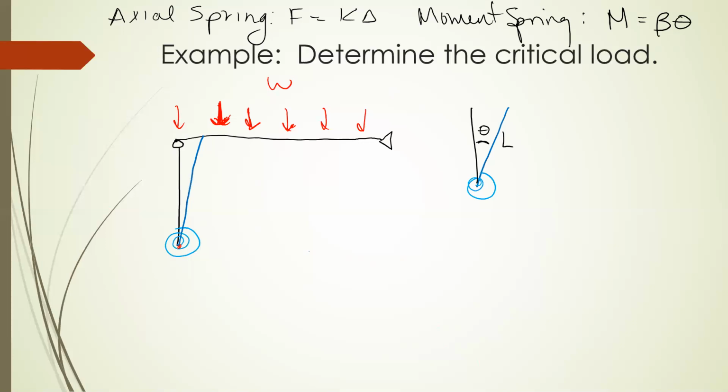So we're going to take the moment about the spring. Oh, and I forgot the most important part, the reaction from that beam. What is the magnitude of that reaction?